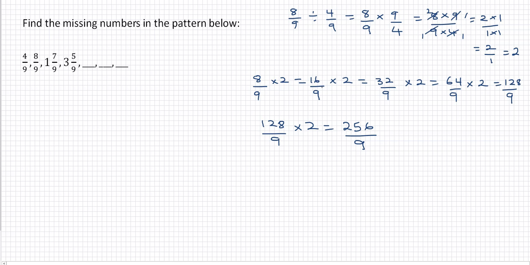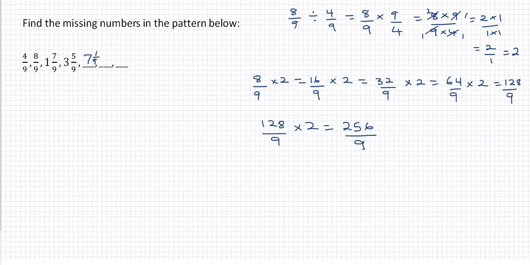16 over 9. If you divide 16 by 9, you have 1 remainder 7 over 9. If you divide 32 over 9, you have 3, and then there's a remainder of 5. So 64 over 9 is going to be 7, 1 over 9. 128 over 9.